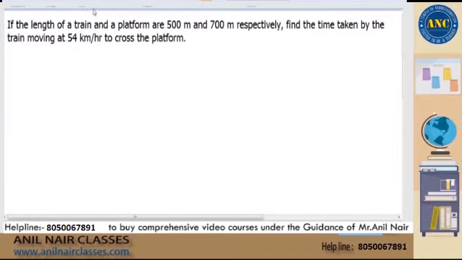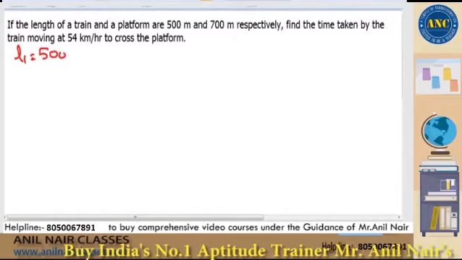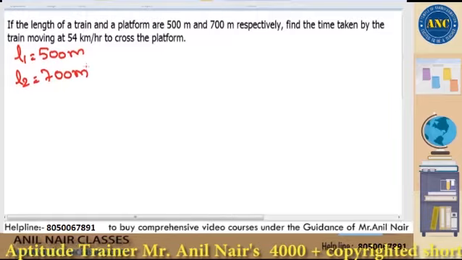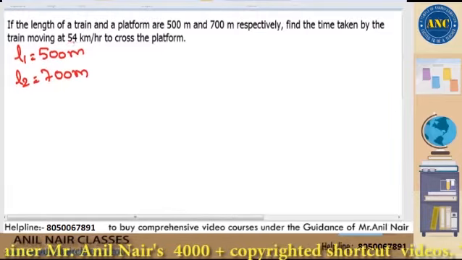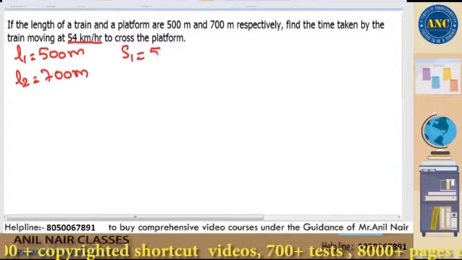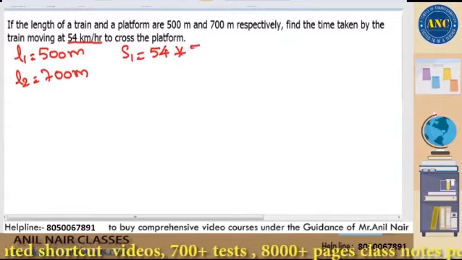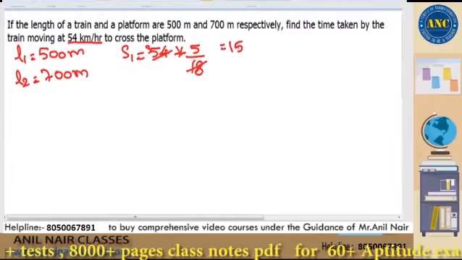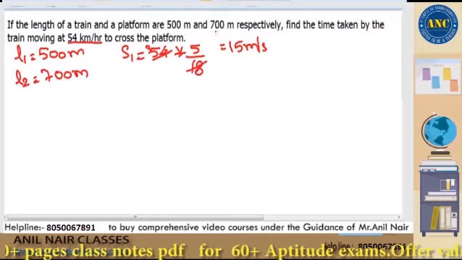If the length of the train and platform are 500 and 700 meters respectively, find the time taken by the train moving at 54 kilometers per hour. Speed of the train is 54 kilometers per hour. Multiply by 5 by 18. So it is 3 into 5, 15 meters per second, to cross the platform.